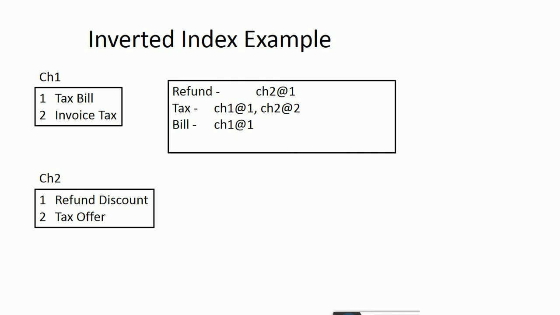So let's say you have a file. In the first example I told you that the key was the address, which is also called byte offset, and the value was the whole line. That was the occurrence of word. In this example your file is like this: chapter 1, chapter 2. In chapter 1 you have line number 1, 2, and so on.